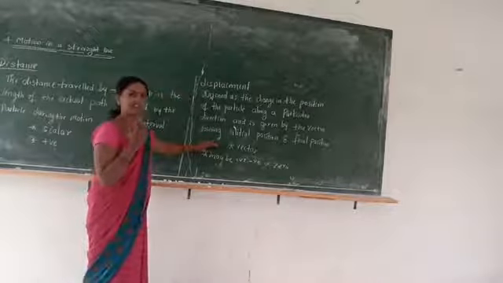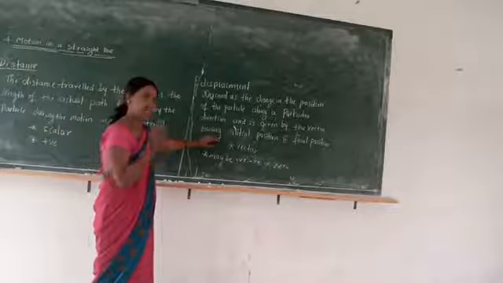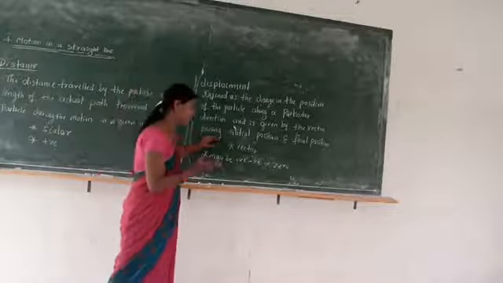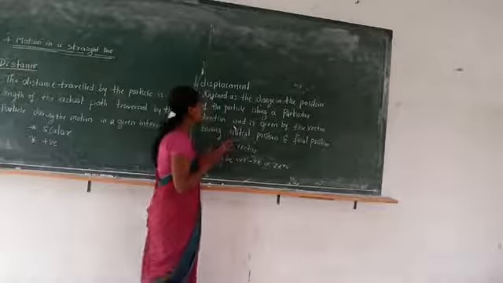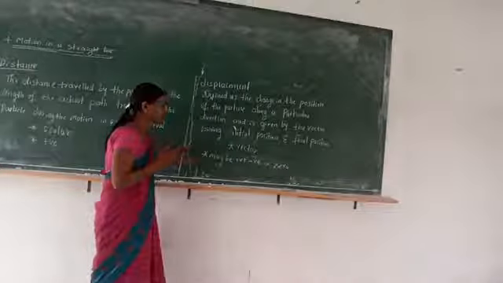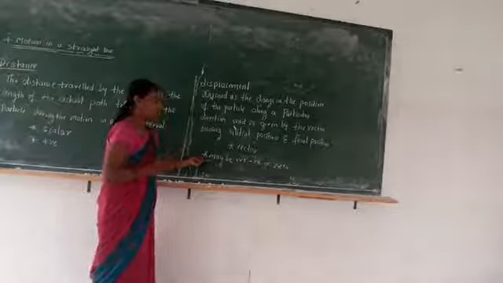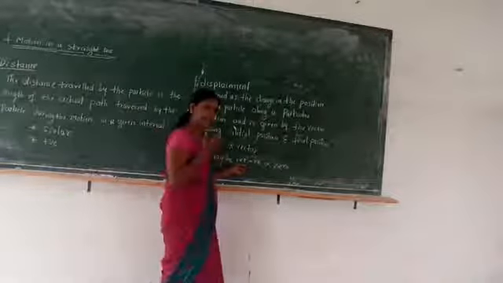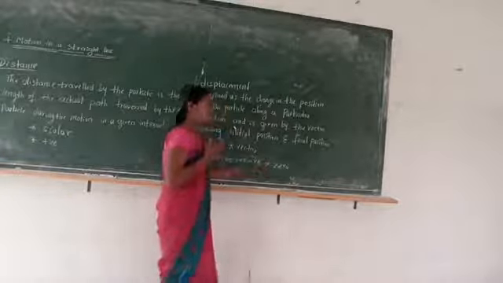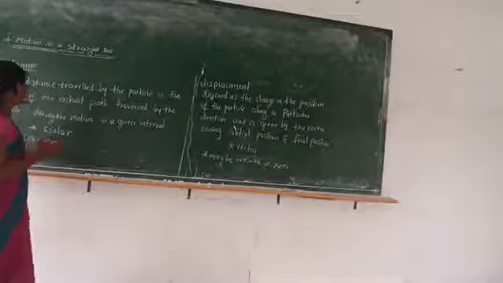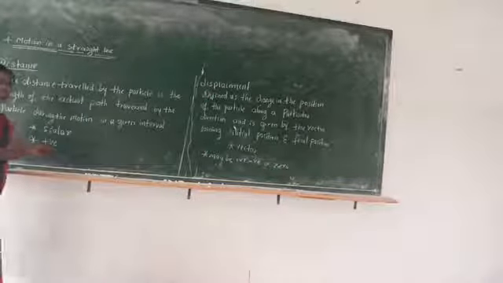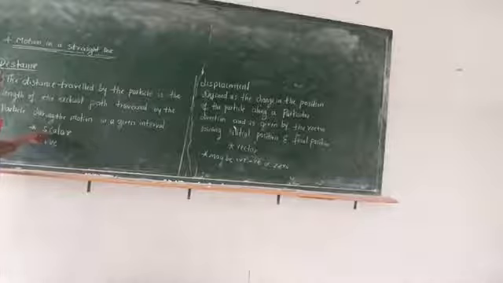Displacement is a vector quantity. It has a magnitude as well as direction. Displacement may be positive, negative, or zero. But distance is always positive, and it is a scalar.